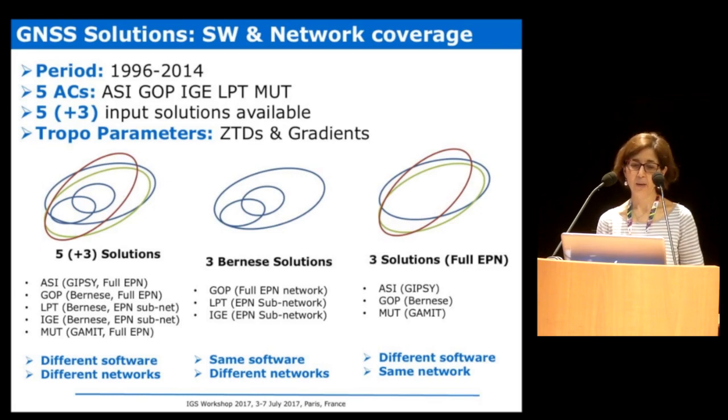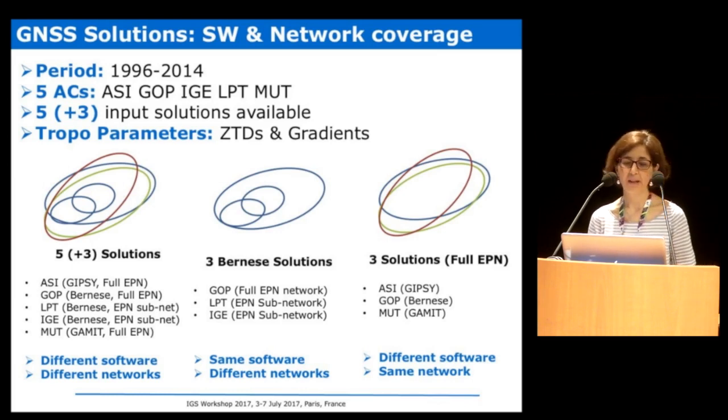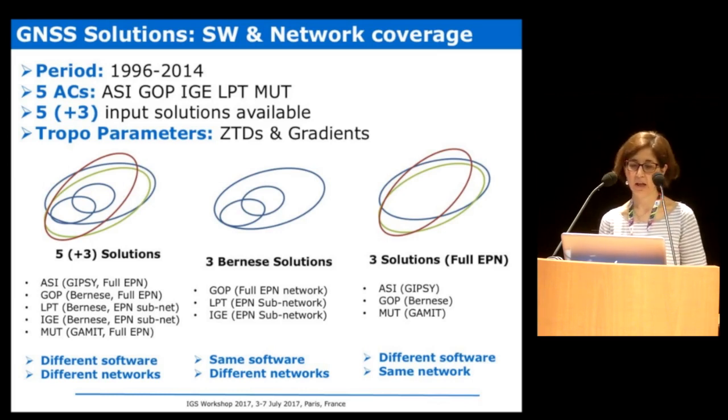Only 5 out of the 16 EPN analysis centers took part in this campaign: ASI in Italy, GOP in Czech Republic, IGE in Spain, LPT in Switzerland, and MUT in Poland. We have 5 contributing solutions plus 3 variants, and as regards tropospheric parameters, we have ZTD and gradients in the individual contributing solutions.